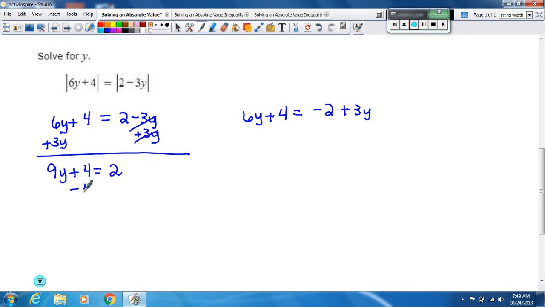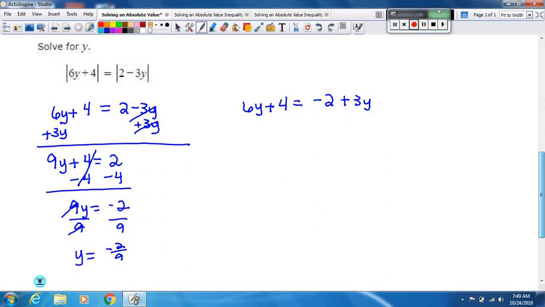Now I'm going to subtract 4 from both sides. So I get 9y equals negative 2. Divide both sides by 9. Top cancels with bottom. This does not simplify, so I've got negative 2 over 9. Okay, so that's one answer.